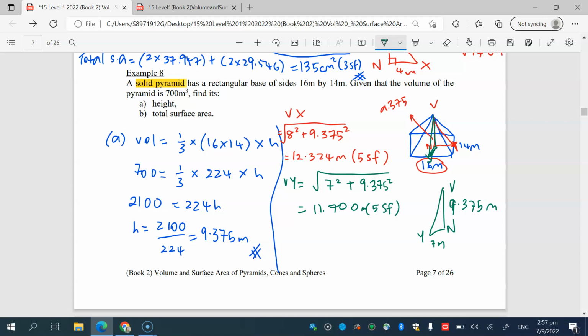Okay, so very similar to the previous question, you have two of these triangles, and then two of the other triangle, right? And then you also have the rectangular base.